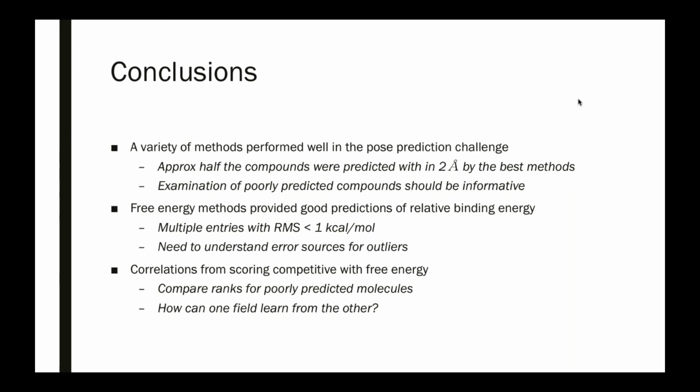About half the compounds were predicted within 2 angstroms consistently by the best methods, and the same set of molecules appear to be predicted incorrectly. So I think it'll be very interesting as everyone digs into this to understand why those molecules were poorly predicted.